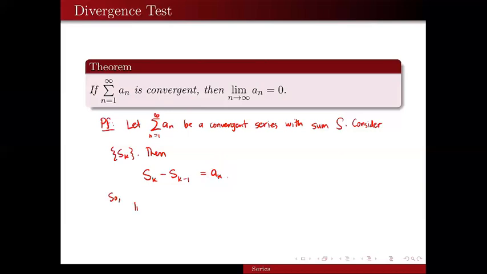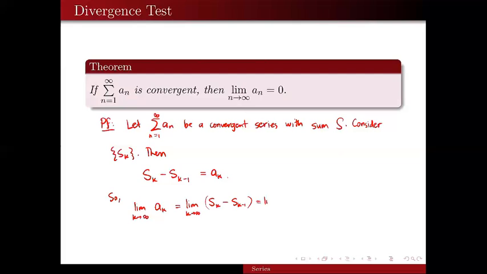So, if we have the limit as k approaches plus infinity of A sub k, this is just the limit as k approaches plus infinity of S sub k minus S sub k minus 1.